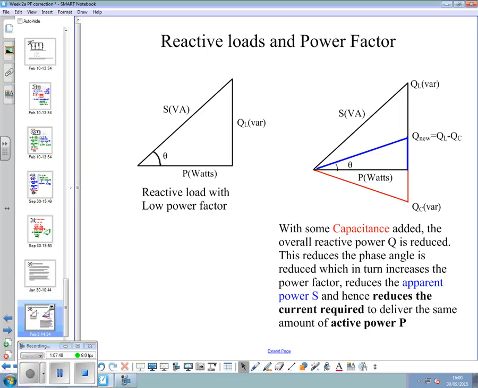That has the effect of drawing this S line down that way, because the P line cannot change. The load is still the same wattage, so the line is drawn down to here, reducing the angle, and therefore reducing the length of this line, so your VA is less. Because the voltage doesn't change, if S gets smaller, the current must be reduced. So we reduce the current in the line.